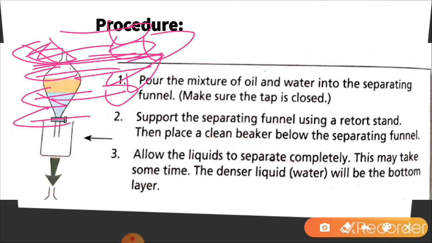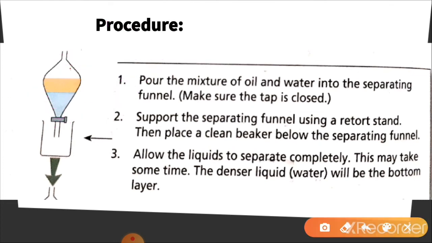After shaking, place this funnel at a stable stand. You can take a retort stand or iron stand or a simple clamp. All you have to do is place it at a stable position.